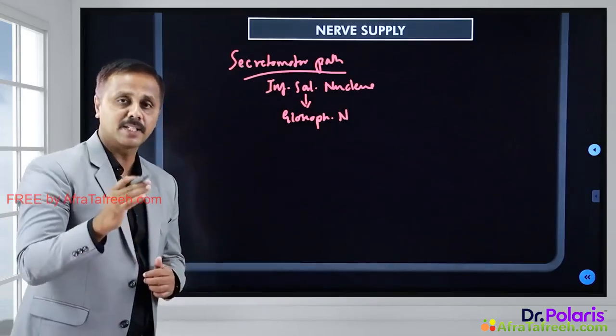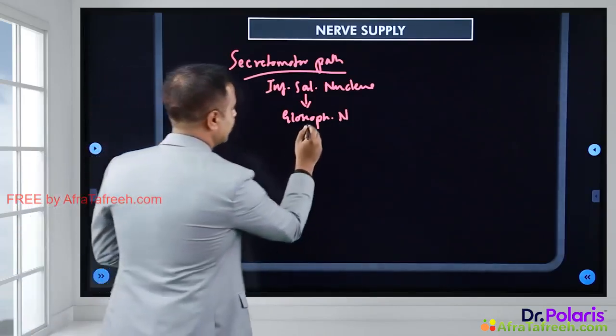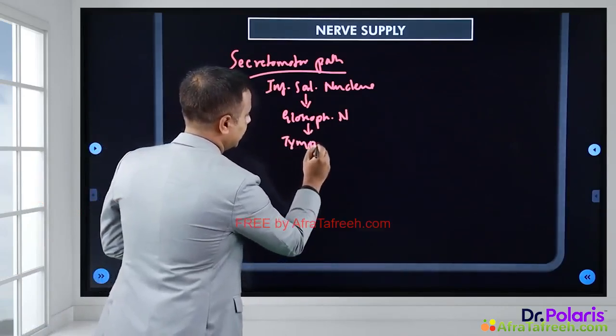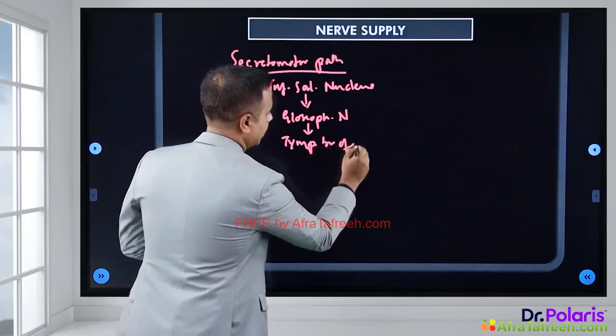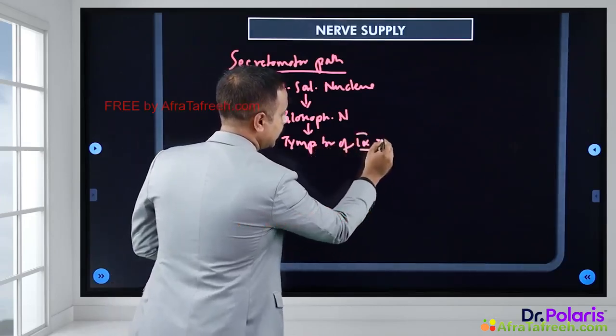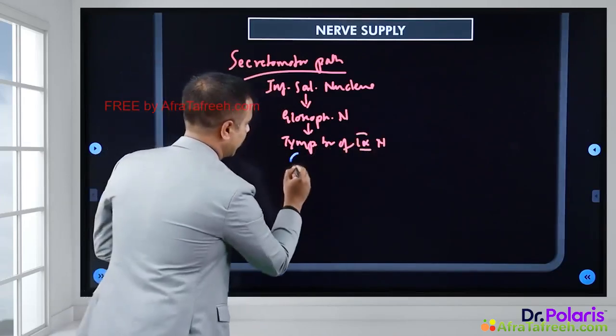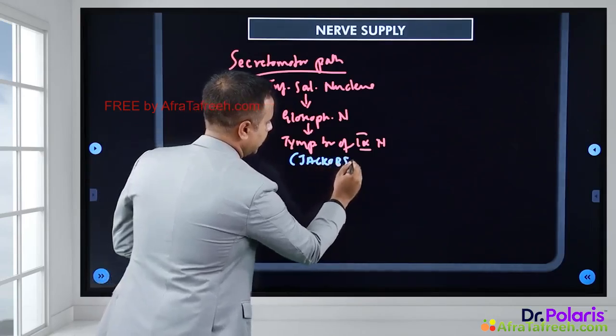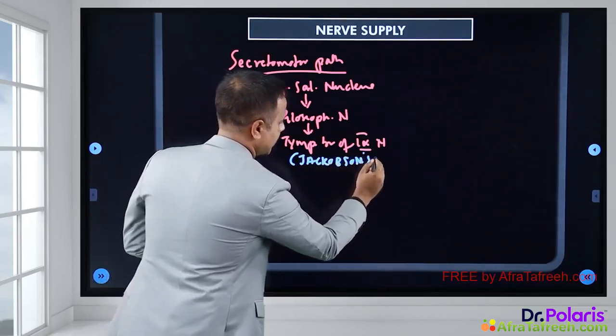Then the fibers leave the glossopharyngeal nerve through the tympanic branch. Tympanic branch of the glossopharyngeal nerve is also referred to as Jacobson's nerve.